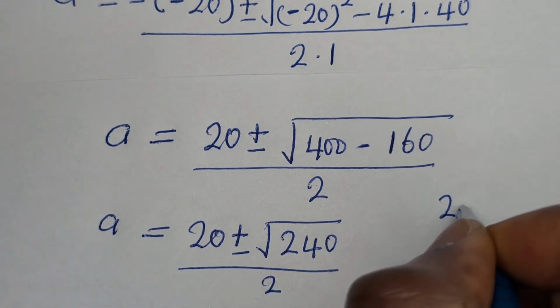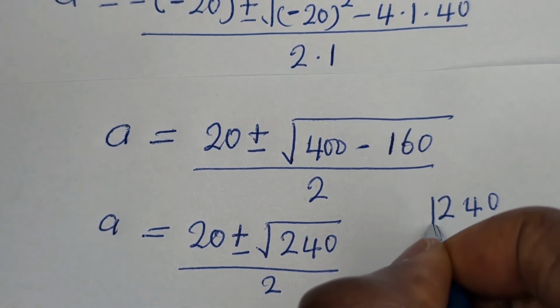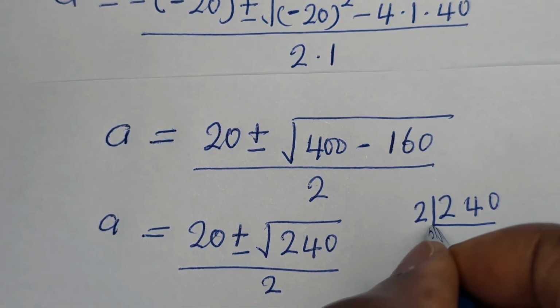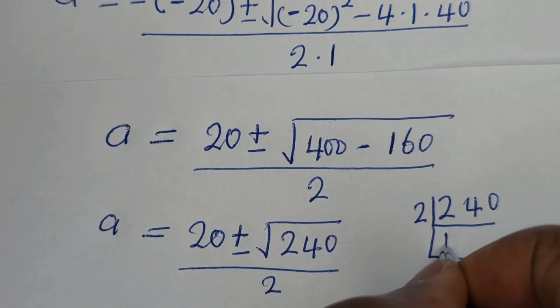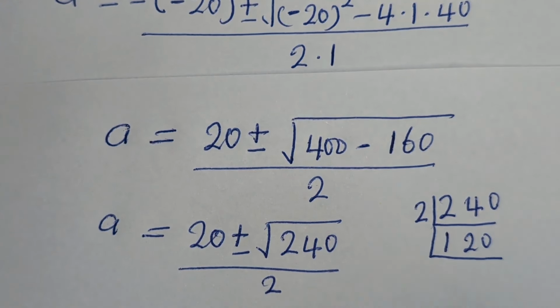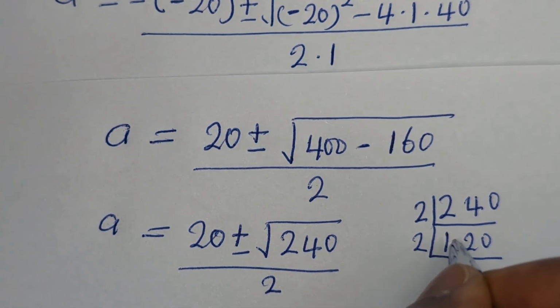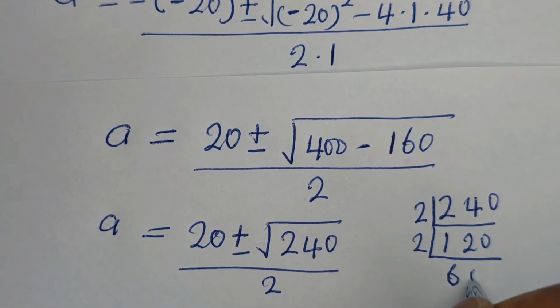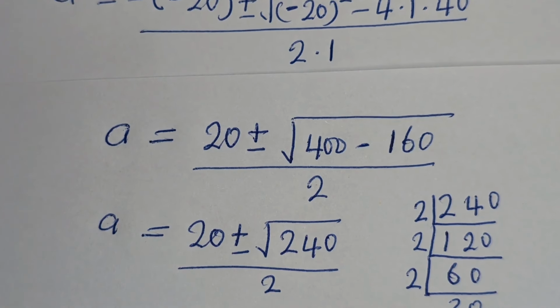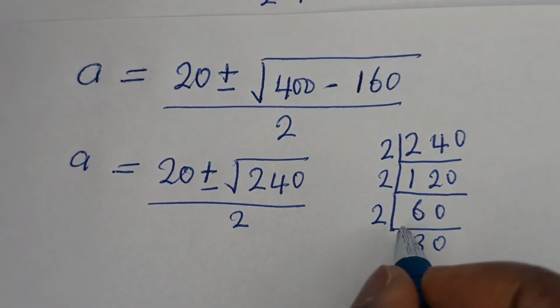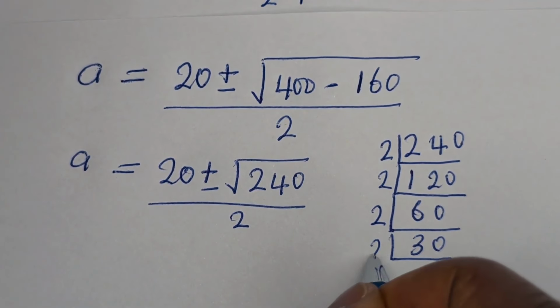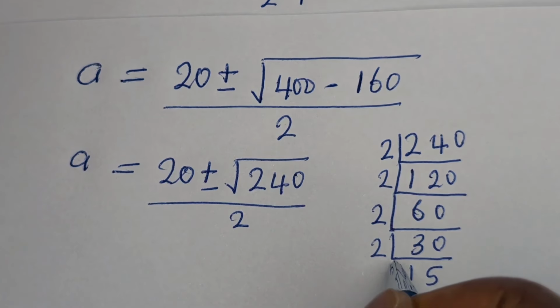Now 240, this is divisible by 2, 120, and this is divisible by 2, 60. This is divisible by 2, 30. This is divisible by 2, 15.